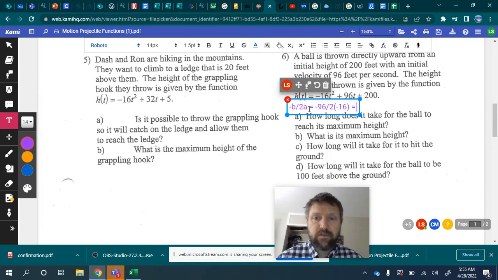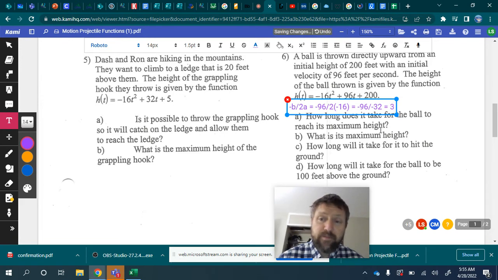Now we'll put equals. This is the same as negative 96 divided by negative 32, which equals 3. I can do that in my head because I'm a math teacher. So we got 3 seconds again on this one.